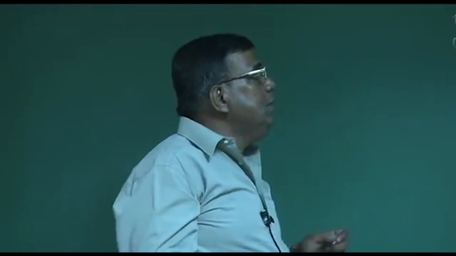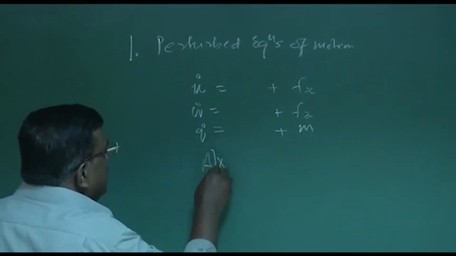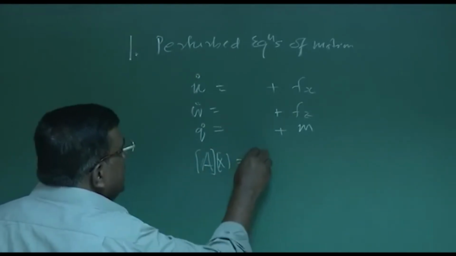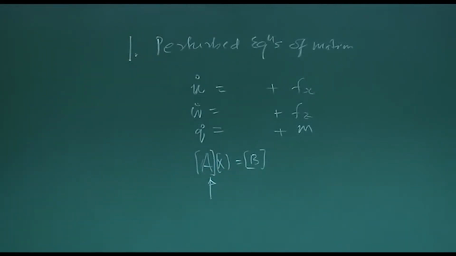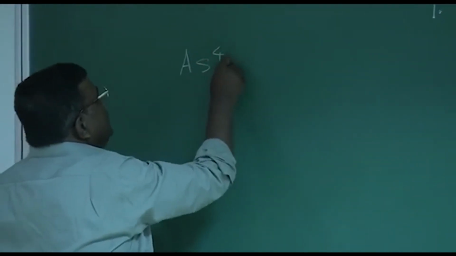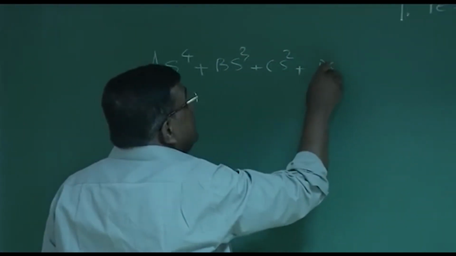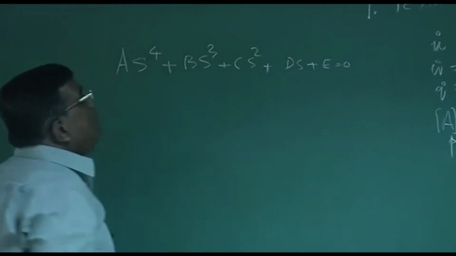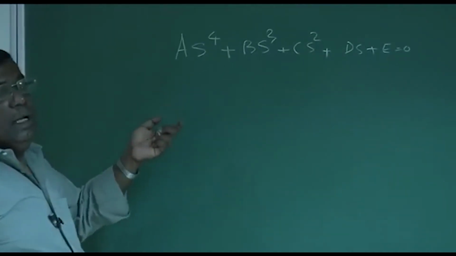Then we found those dimensional stability derivatives and plugged them into this equation to get a matrix equation of the form Ax equal to B. And then we know the characteristic equation is determinant of A equal to 0, and we got the characteristic equation, a polynomial As to the power 4, Bs cube plus Cs square plus Ds plus E equal to 0.